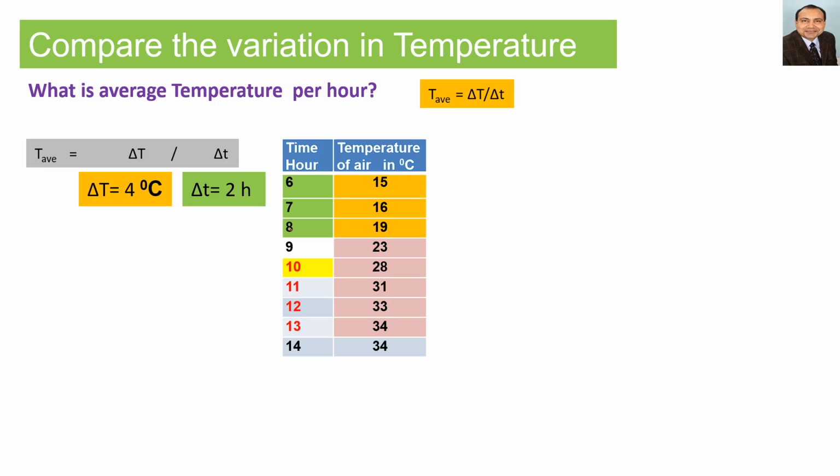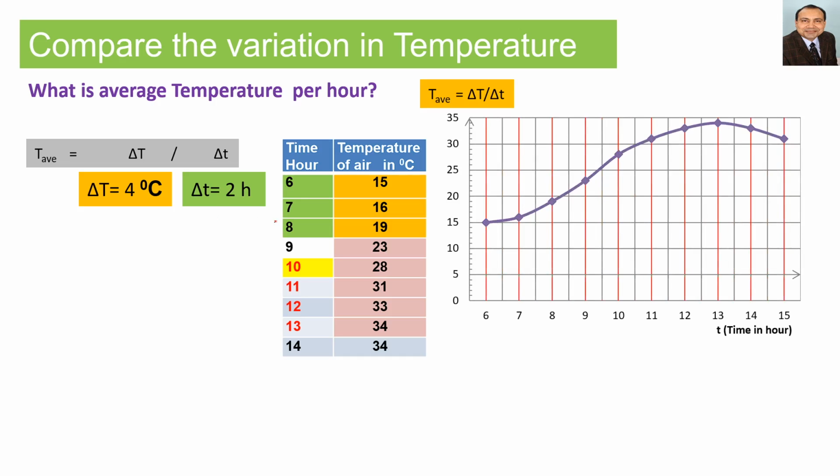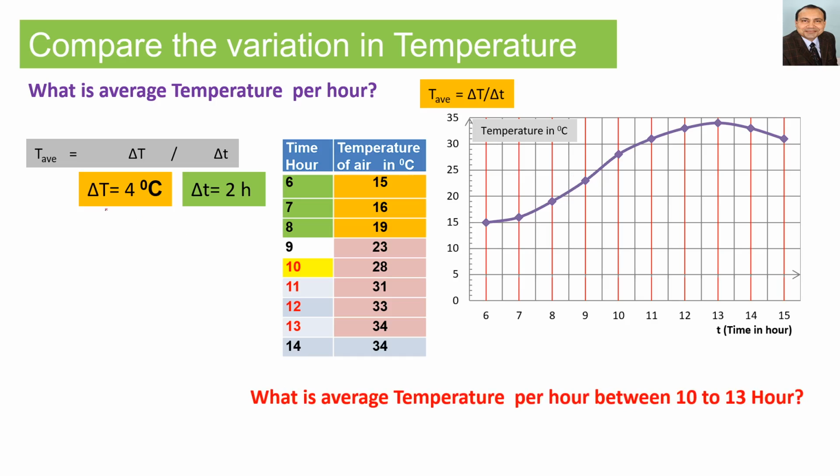Change in time, 8 minus 6 is 2. So you can compare either from the table or from the graph, read and you can verify. So this will give you 4 divided by 2, which is equal to 2 degrees centigrade. Centigrade per hour is the unit.